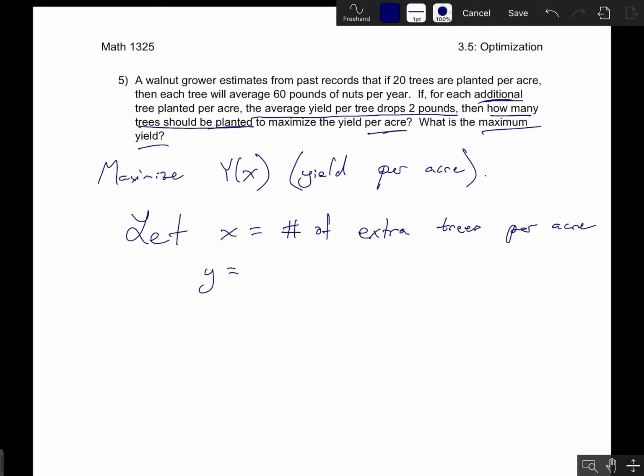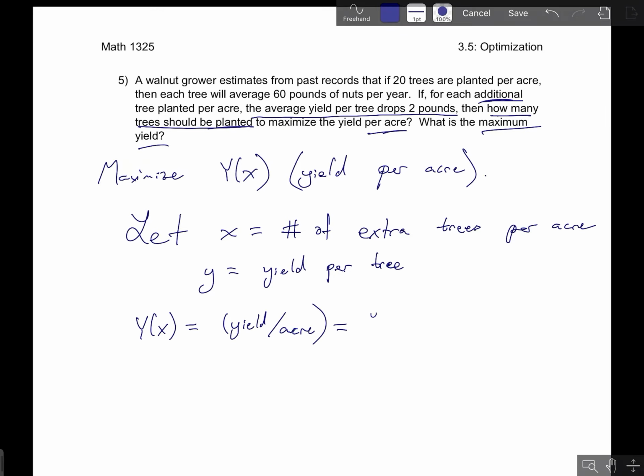And there's another unknown, which is the yield per tree. The yield per acre is what we're actually trying to maximize, but I'm going to let Y represent the yield per tree. And then the yield per acre would equal the yield per tree, which is what I'm calling Y, times the number of trees per acre.